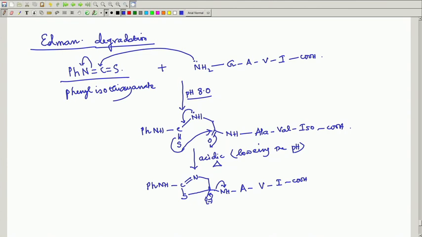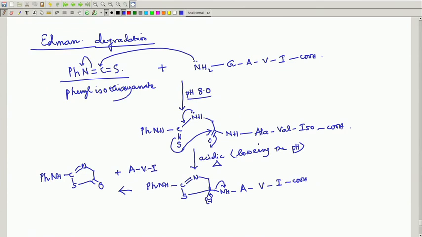Okay. So, now you have a tripeptide that leaves. So, the tripeptide leaves, and what is the other compound from the first amino acid? PhNH, then C double bond N, then you have S, and this is a CO, plus you have the tripeptide AVI.